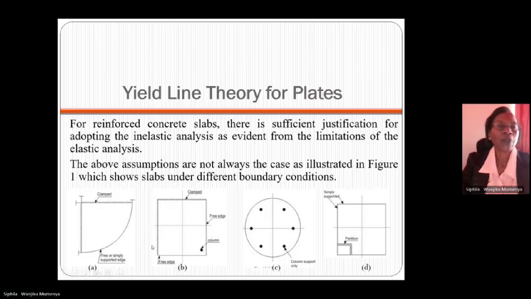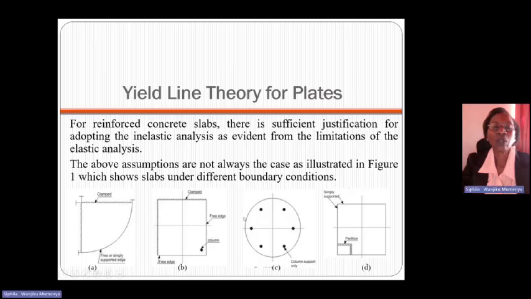figure below. So, for example, if you have a slab that is not rectangular, you see that's semicircular, and it is not even simply supported, it's clamped on two adjacent sides. When you have rectangular slabs clamped along two adjacent sides, and one side is free, and there could also be a column, and this other side is free, then the elastic theory assumptions will not hold.